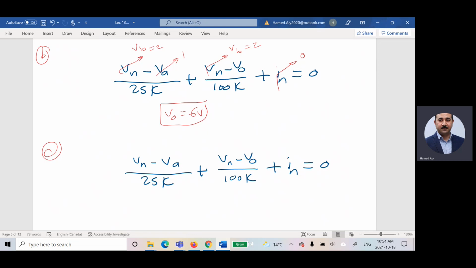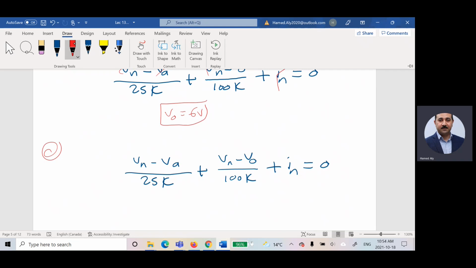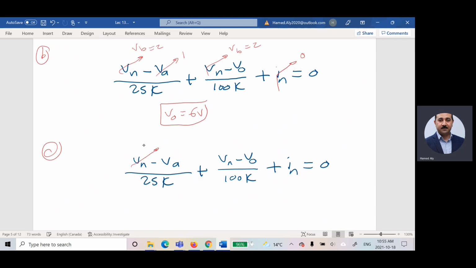And he told me that also Vn is equal to VB, and In is equal to 0. But the new thing that he gave me is the value of VA. Do you remember the value of VA? 1.5. So he gave me that value, 1.5.